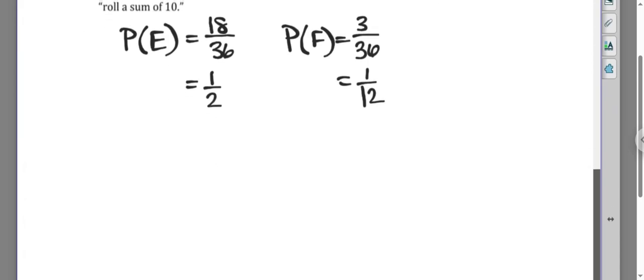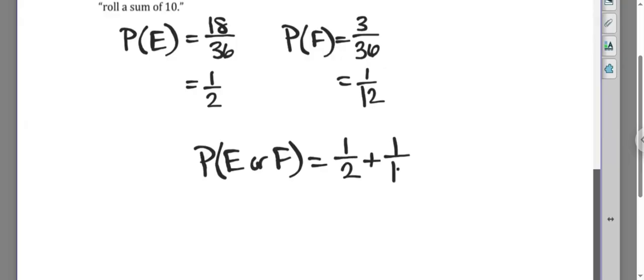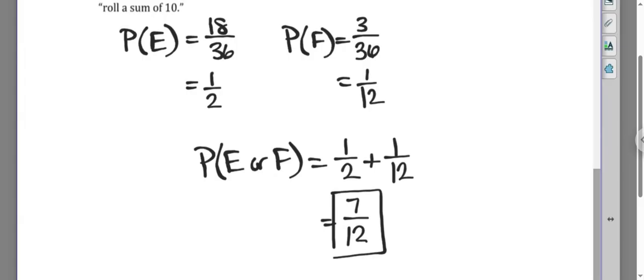So the probability of getting an odd sum or a 10 is adding the 2 of them together, which is going to make 7/12. So one or the other if they are mutually exclusive.